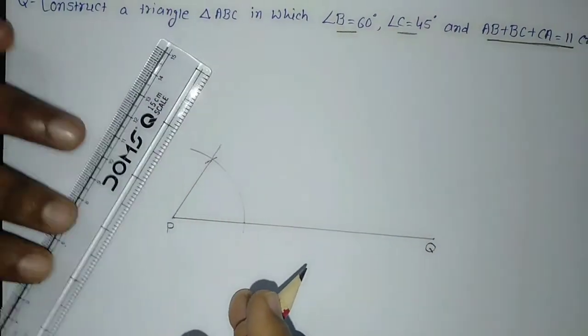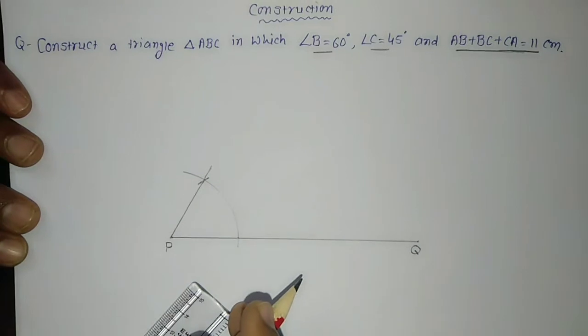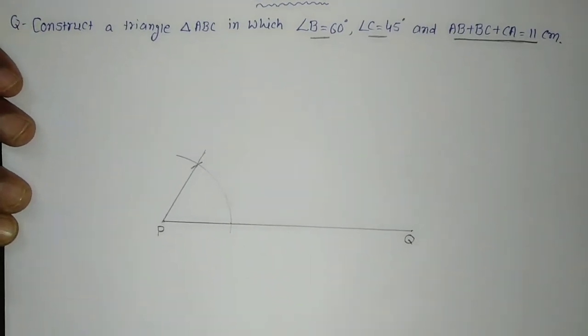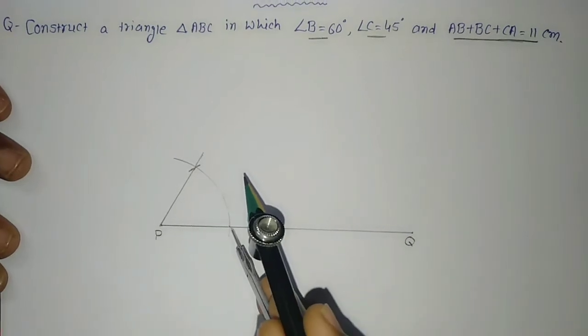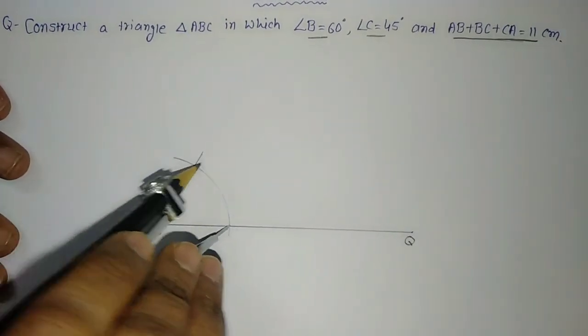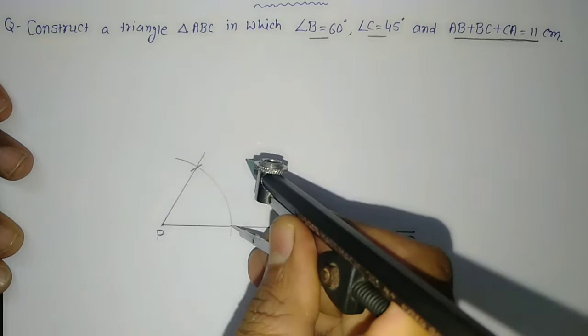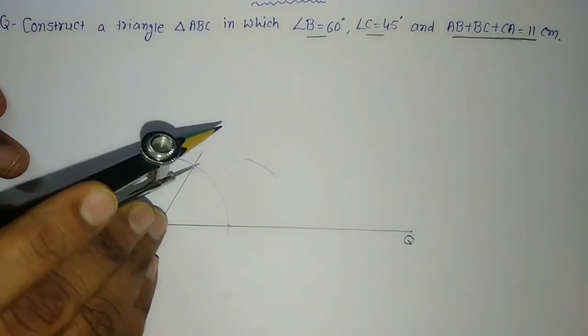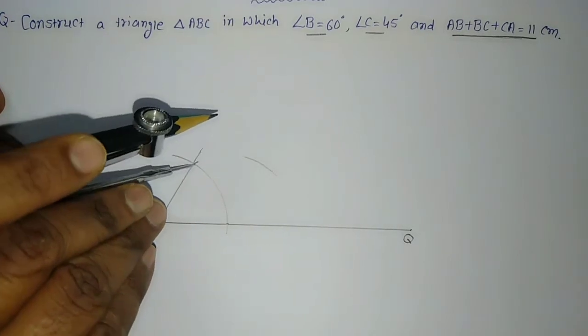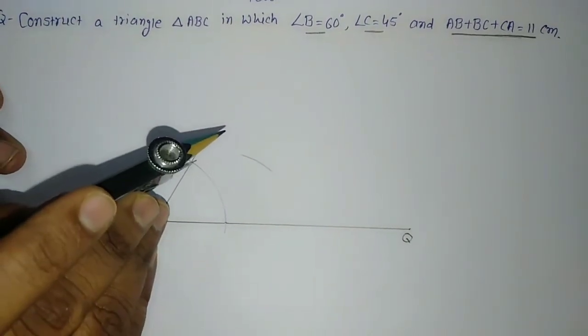Now we want the angle bisector to this 60. How to take the angle bisector? That we all know. For that we need to take this to this measure. It is already there. And then we'll draw the arc by putting the point over here, and then I'll keep the point here exactly. And then again I'll draw the arc.